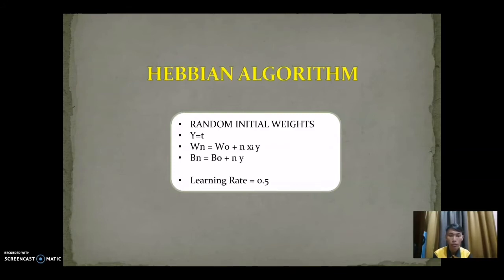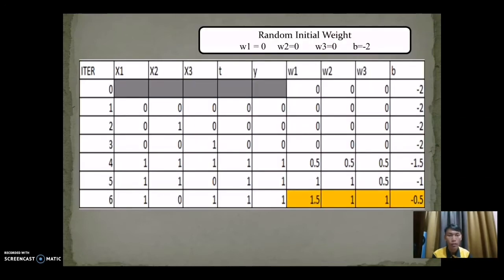Wn is equal to wo plus n times x times y. So we will get for W1: 0, 0, 0, 0.5, 1, and lastly 1.5. For W2: 0, 0, 0, 0, 0.5, 1, and lastly 1.